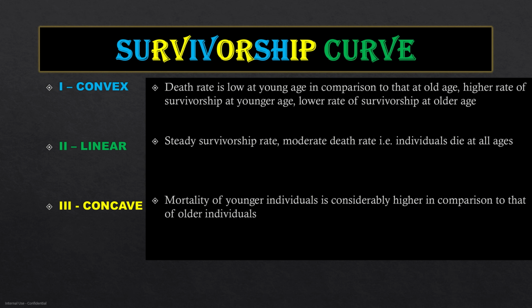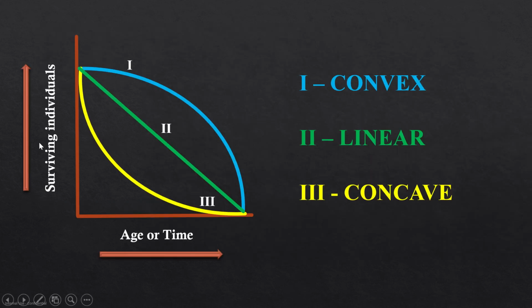When this surviving individual is plotted against age or time, you get a convex structure or convex curve, where death rate is low at young stage and more at older stages.